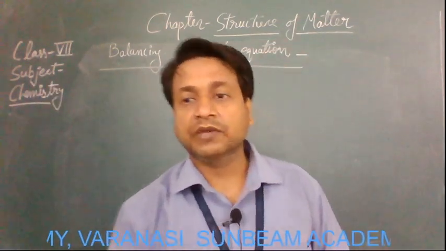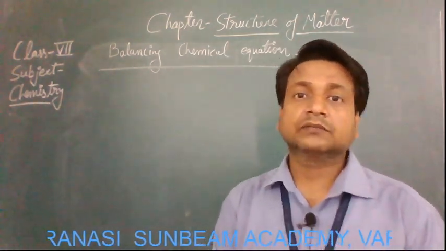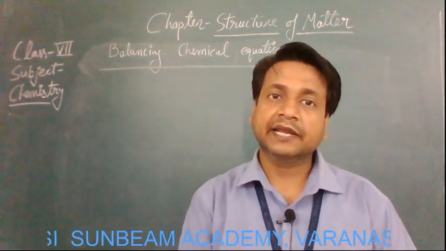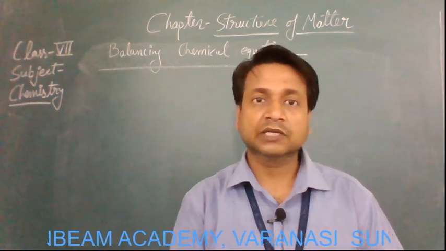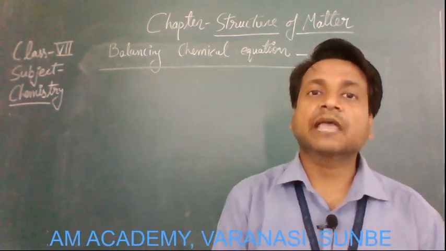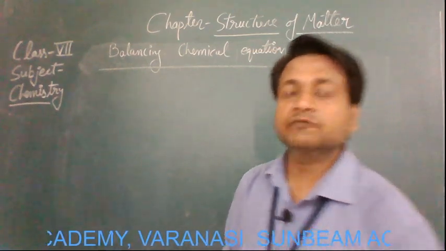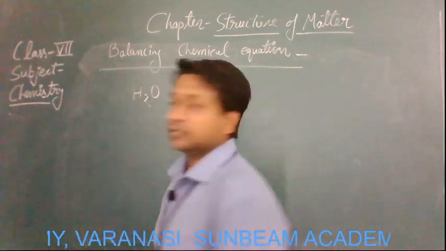Balancing chemical equations. Now children, as you know, in chemical equations, the left hand side and right hand side are written on both sides, and between them an arrow is there. So if I take the example of the molecule of water, as you know the formula of water is H2O.